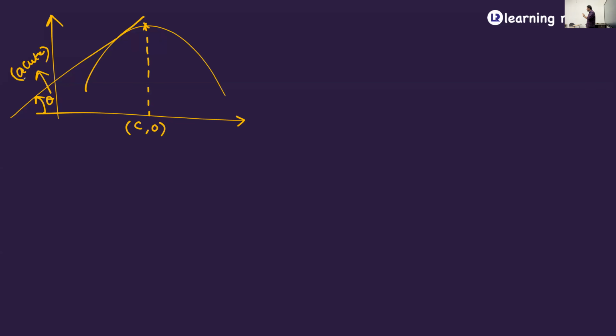So when the tangent makes an acute angle, what can you say about the slope? It becomes positive. So f dash of c minus is positive.